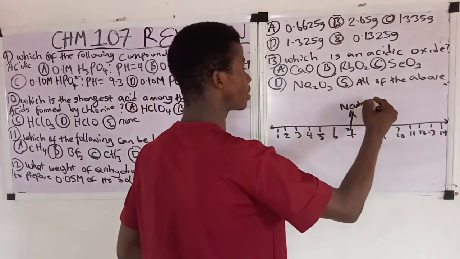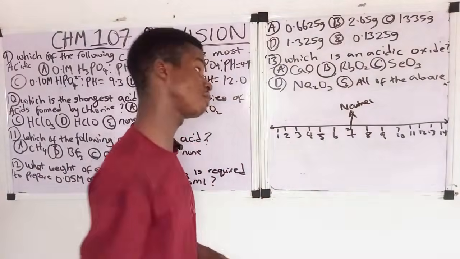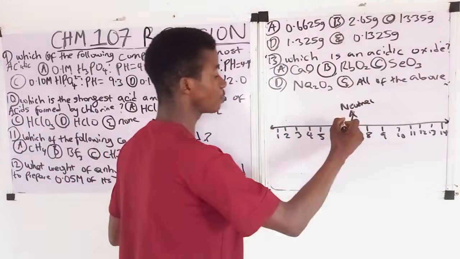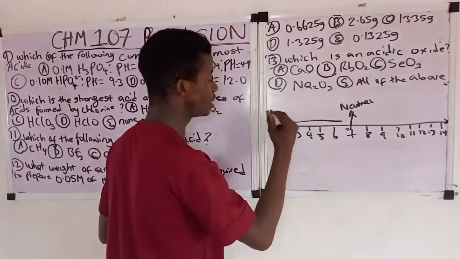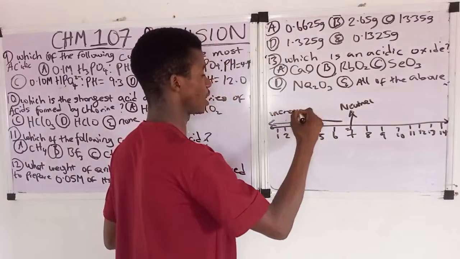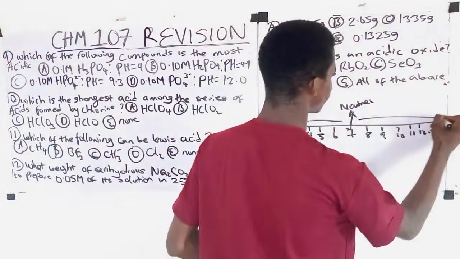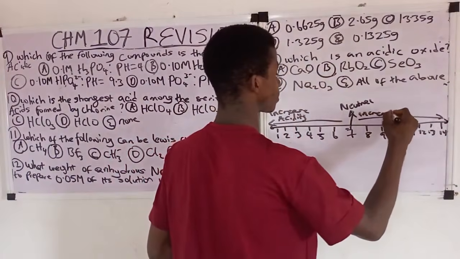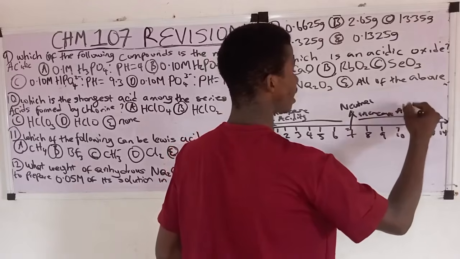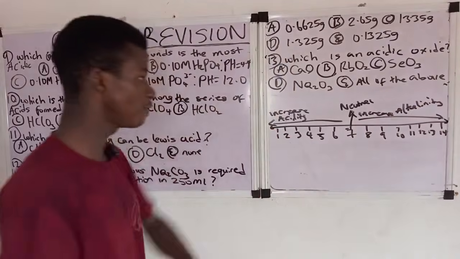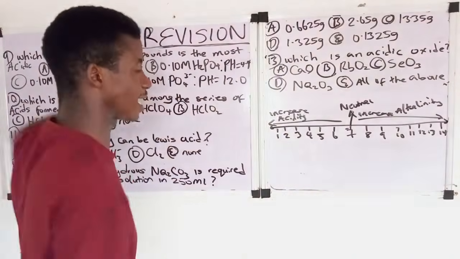Substances that have a pH of 7 are neither acid nor base. From here to this side means increasing acidity, while from here to here means increasing alkalinity.